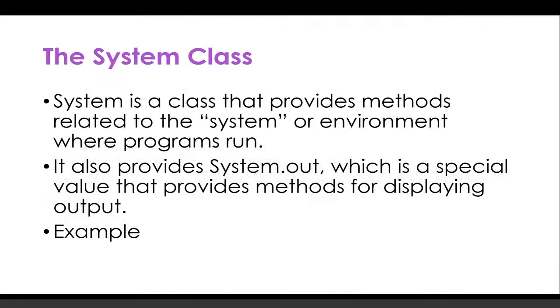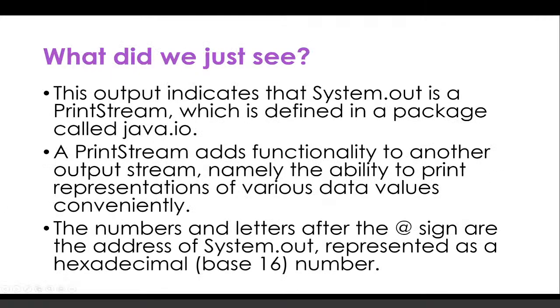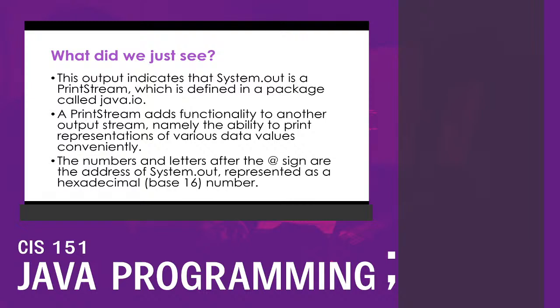So what is it exactly that we just saw? What is this print stream? This output indicates that system.out is a PrintStream, which is defined in a package called java.io, java input-output. And what a PrintStream does is it adds functionality to another output stream. So essentially this PrintStream gives us the ability to print.